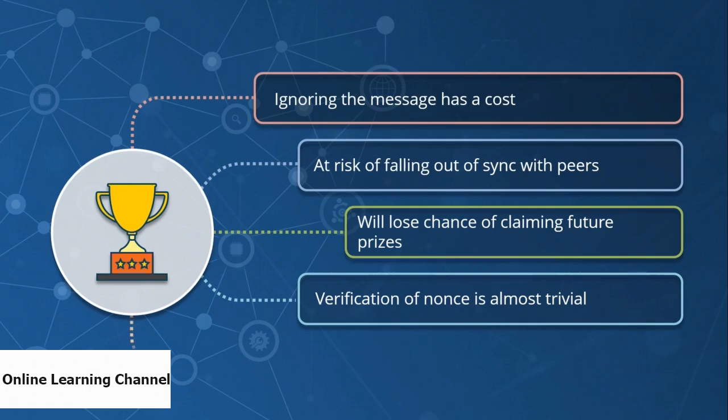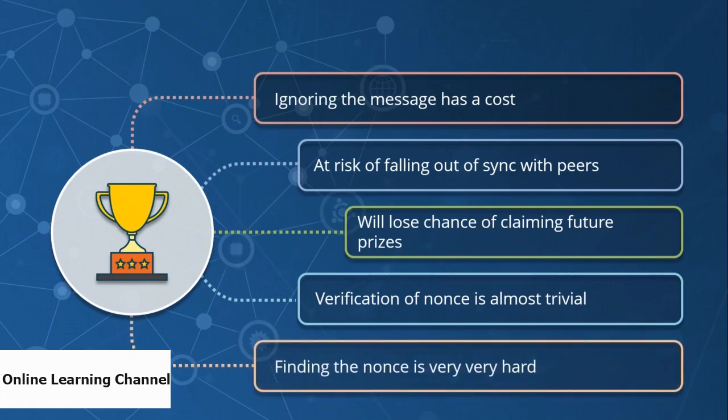On the other hand, finding a proof of work nonce which fulfills the condition is a very, very difficult problem, and this is something which involves a lot of work. This is precisely the work which the mining nodes will need to perform at every iteration. And if they successfully find the proof of work nonce, they will need to broadcast it to the network in order to claim the prize.